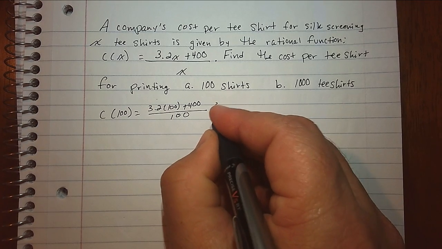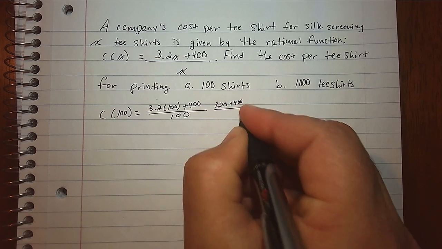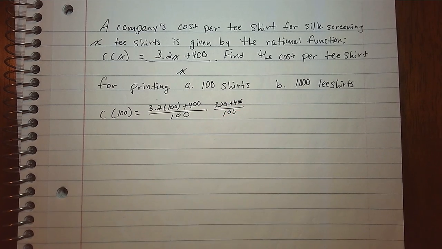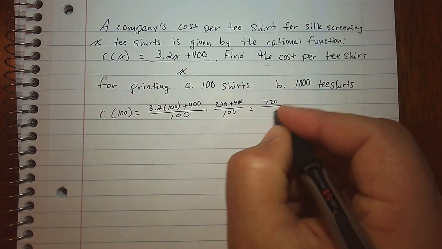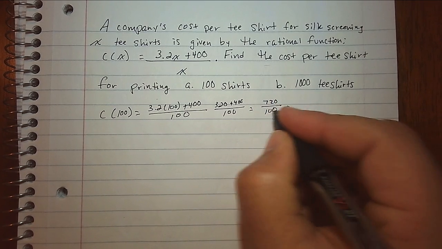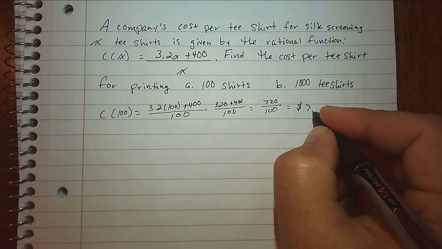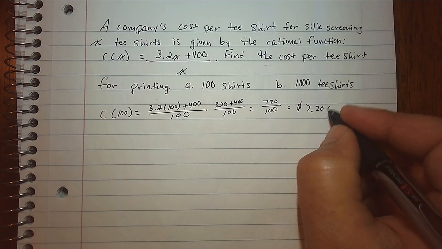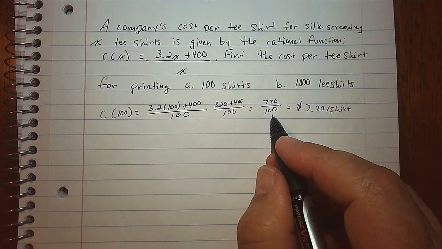So we would end up with 320 plus 400 over 100. So 320 plus 400 gives us 720. And then divide that by 100, and we would get $7.20 per shirt, which isn't bad for 100 shirts.